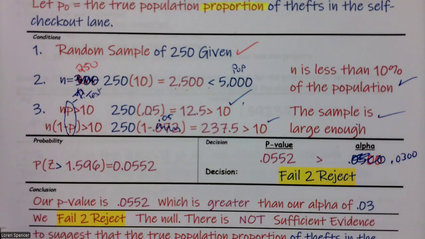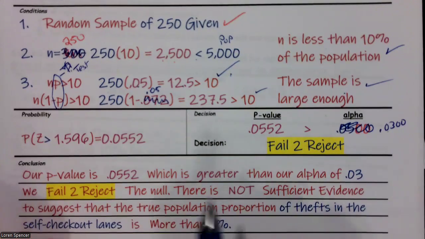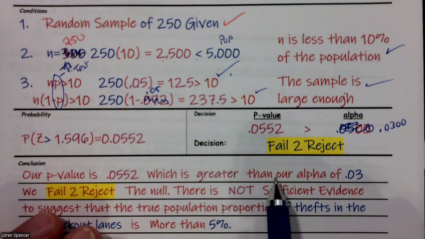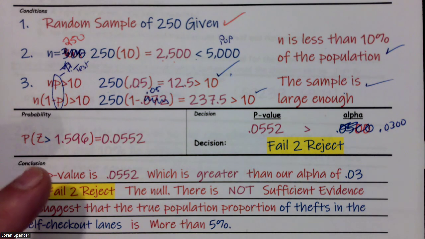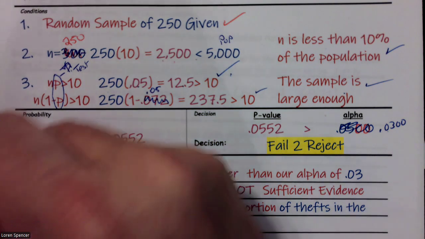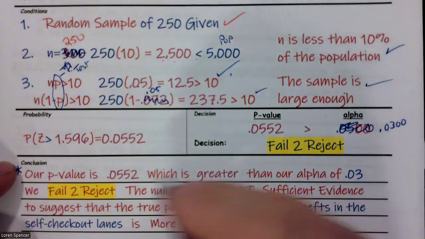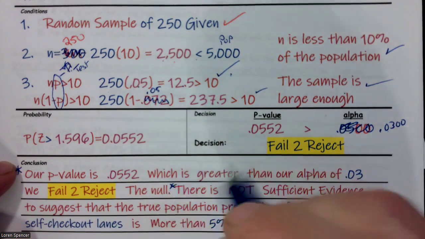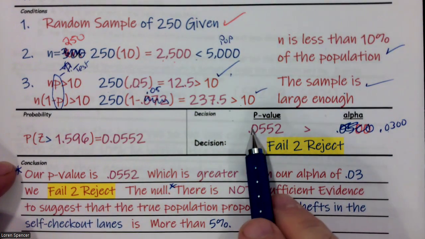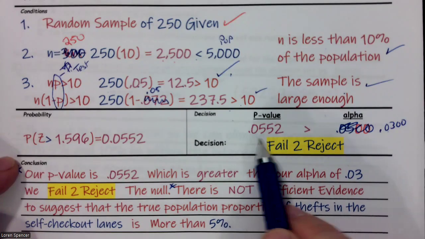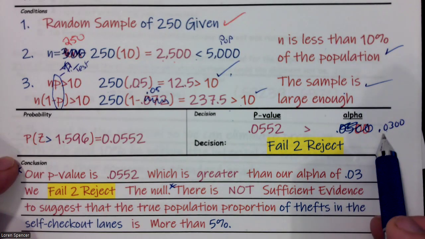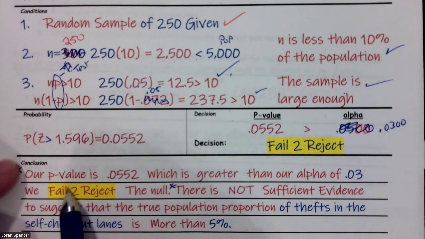So our p-value of 0.0552 is greater than our alpha of 0.03. We fail to reject. This first part that we just wrote comes straight out of this box right here. It's exactly what we have right here.